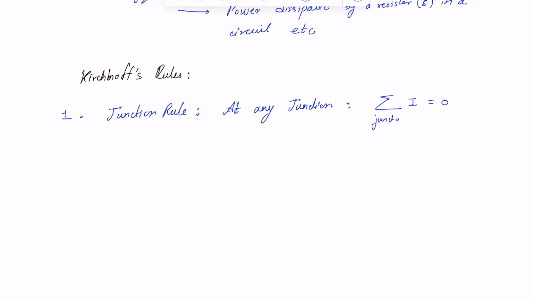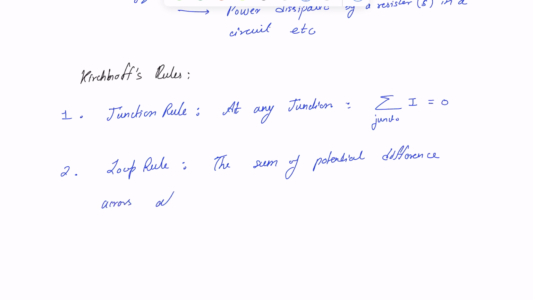The second rule is the loop rule. It says the sum of potential difference across all elements around any closed loop must be 0.